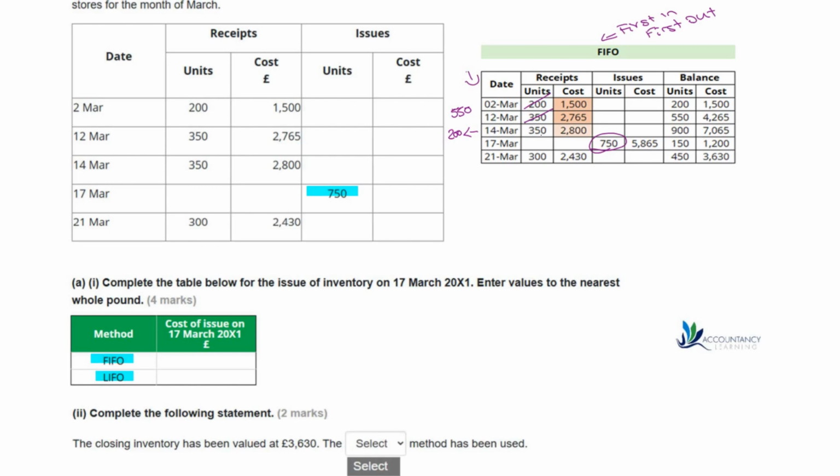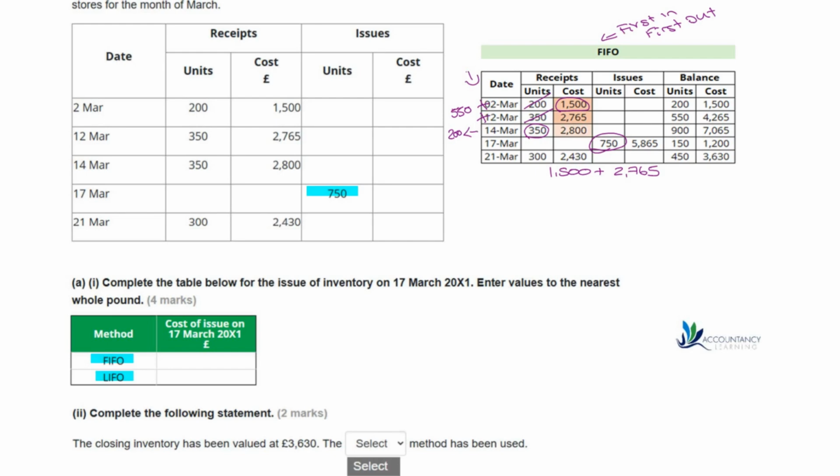So in terms of working out how much that's going to cost for that issue of 750 units under FIFO, we're going to take the full 1500 from the first lot. We'll take the full 2,765 for the second lot. So we've emptied these boxes. All of these are now empty. And now we're going to want to take 200 from this receipt on the 14th of March.